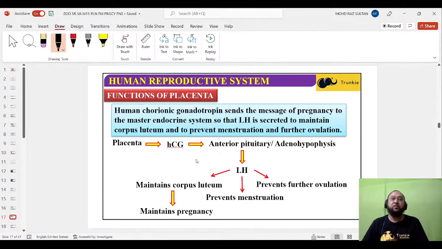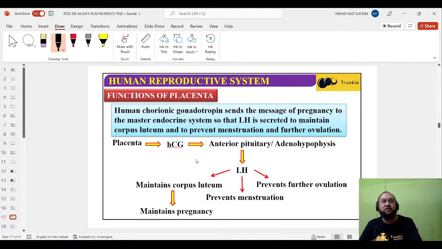There are posterior pituitary and anterior pituitary. So it sends a message to the anterior pituitary, which in turn secretes luteinizing hormone that prevents further ovulation, prevents menstruation, maintains the corpus luteum, and thus maintains the pregnancy.